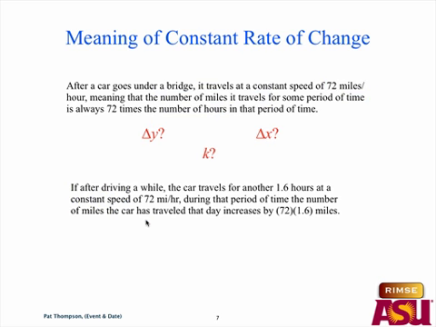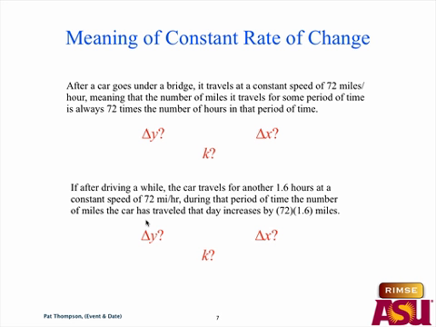Okay? So if after driving a little while, the car travels another 1.6 hours at a constant speed of 72, and during that period of time, the number of miles the car has traveled increases by 72 times 1.6. You would actually have to multiply out.